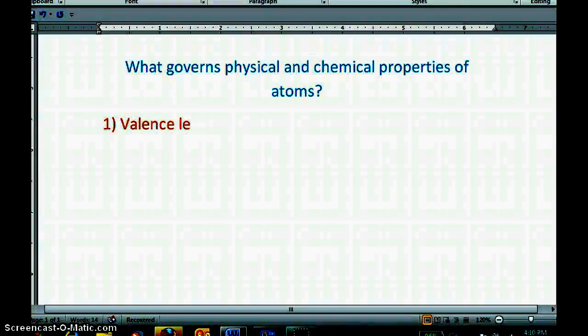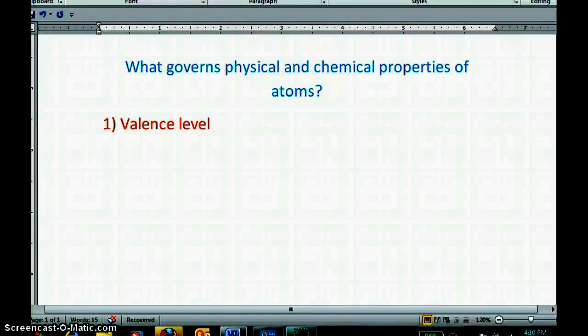So, when we consider periodic behavior of atoms, what is it that we should really consider, and how should we determine differences in different atoms' behaviors? Well, primarily the most important thing to consider is the valence level of the atom.